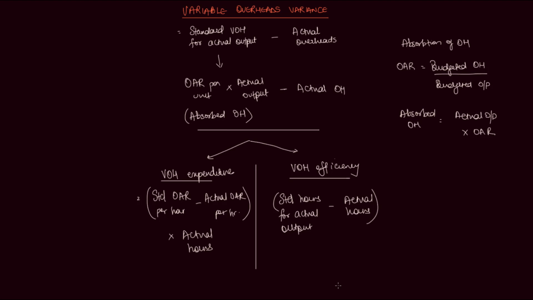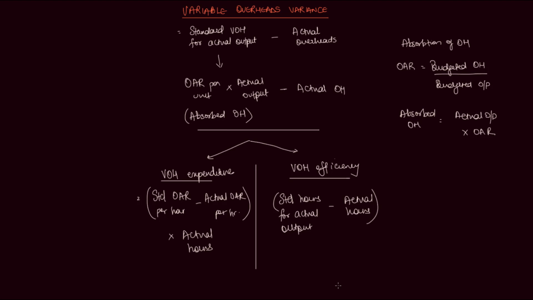But your question may be, how will it affect the variable overhead variance? I mean, why will the efficiency of the workers affect the variable overhead variance? It will affect the variance because variable overheads, as I told you, are completely dependent on the level of activity. Let's say the workers should be producing a unit of output in 2 hours, but they take 3 hours to produce 1 unit of output. So for every additional hour that they are taking for every unit of output, the organization has to incur extra variable overheads.